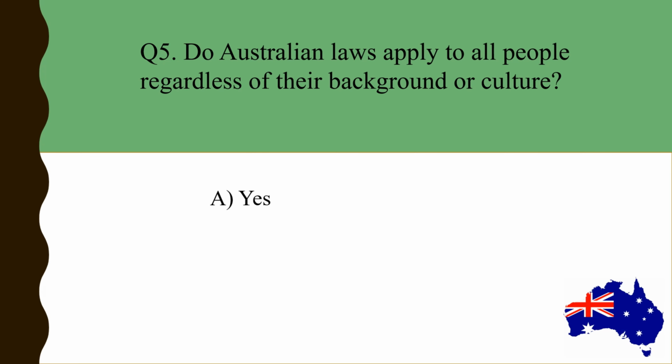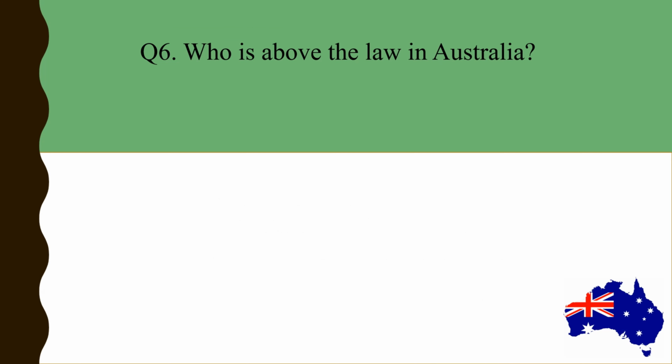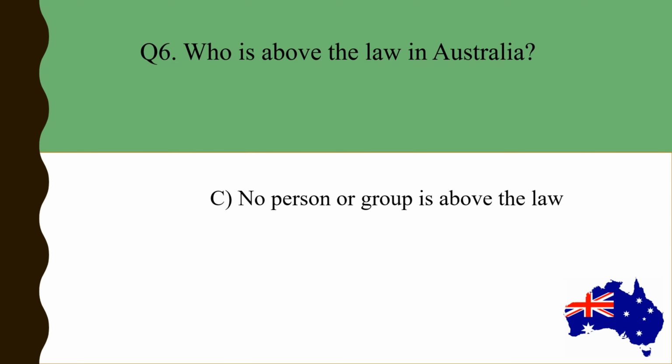Answer is A. Yes. Question 6. Who is above the law in Australia? Answer is no person or group is above the law.